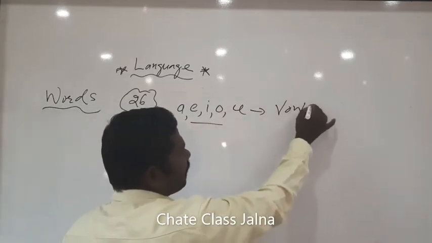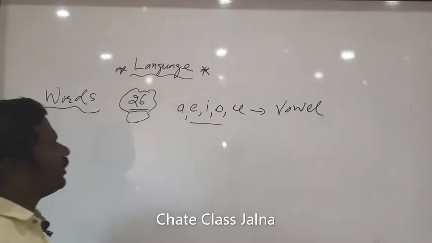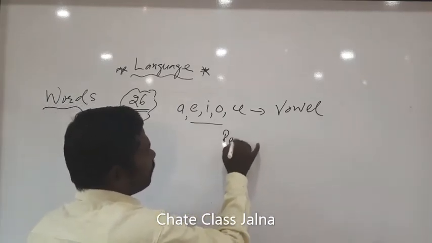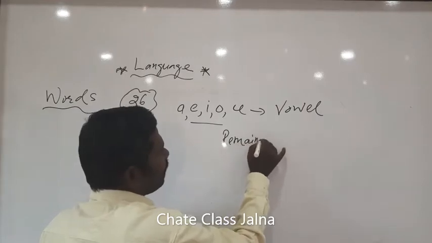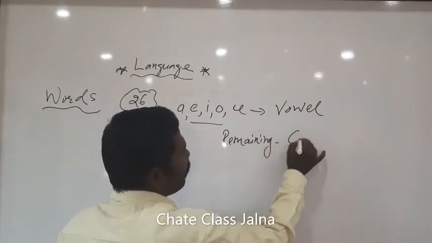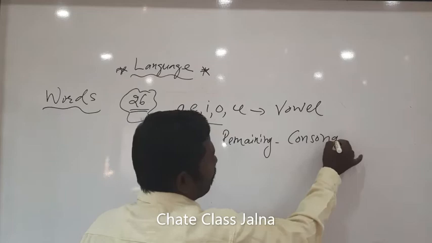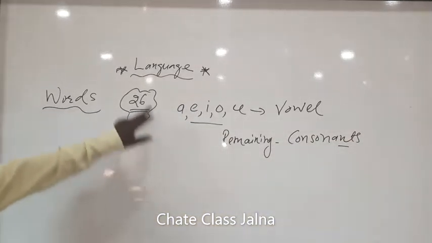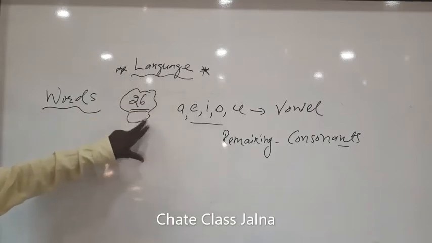You know it better, it's nothing but a revision. And the remaining alphabet are consonants. This is clear. So we know that whenever we use the language, we use sentences, we use words.